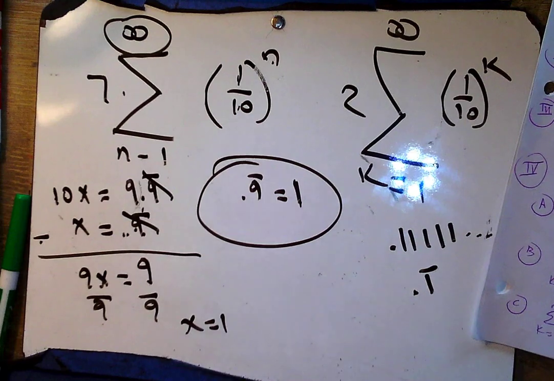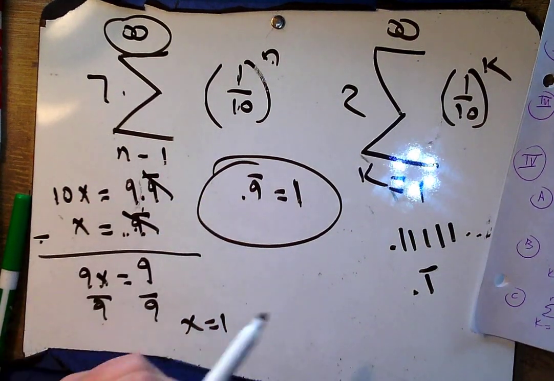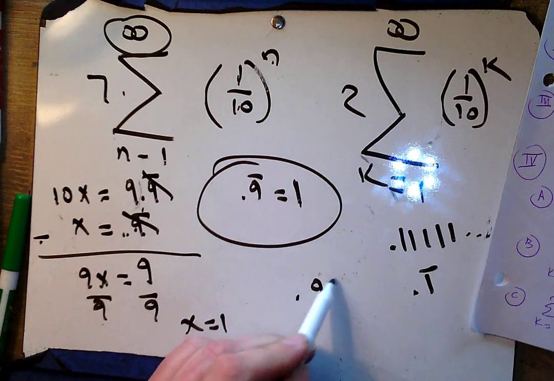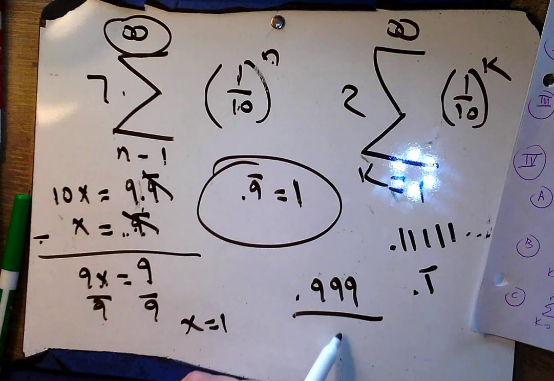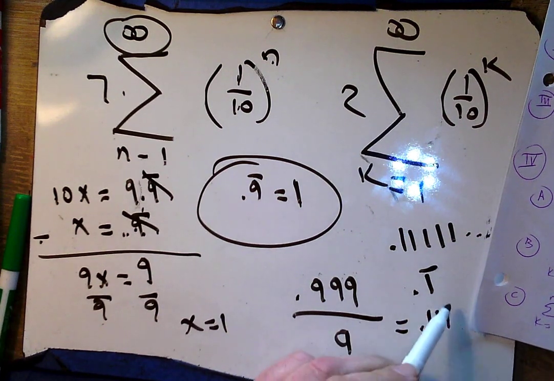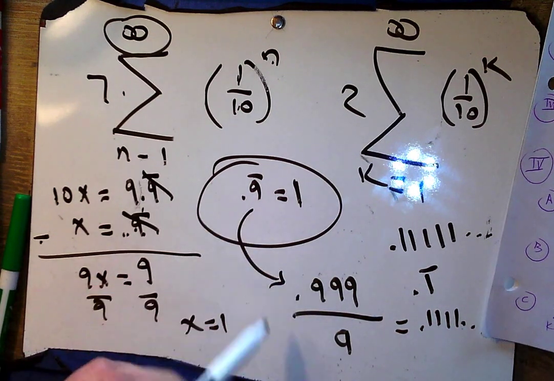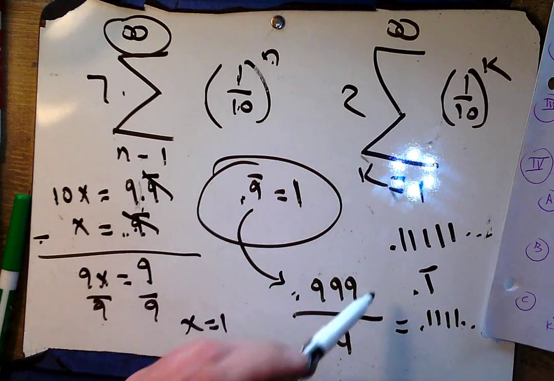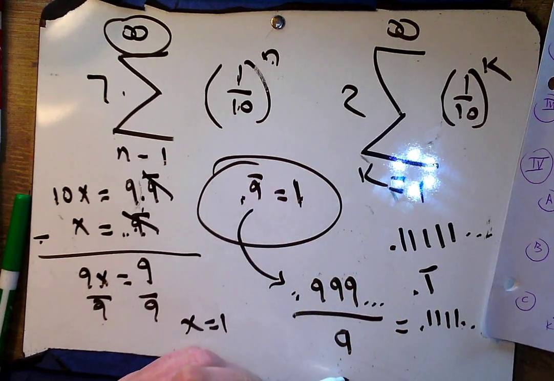So, tell me about this? Well, I know that if I take 0.9 repeating and divide it by 9, well, that's going to be 0.1 repeating, isn't it? And what did we say 0.9 repeating was? 0.9 repeating was 1, and so I end up with 1/9.